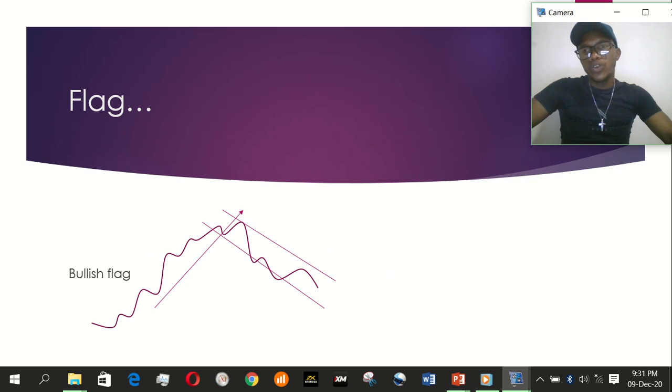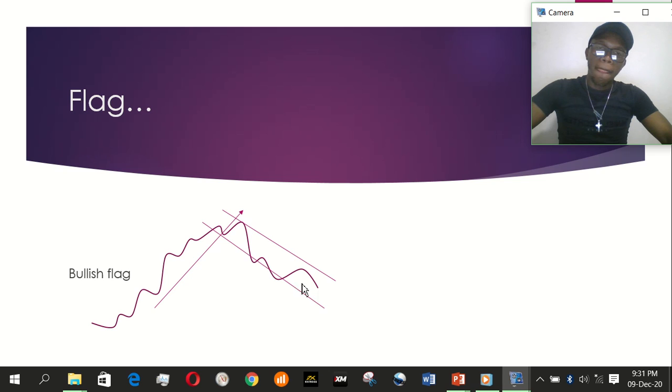So there is also what you call a bullish flag. A bullish flag is like this. The market will trend upwards, then consolidate, consolidate, consolidate.